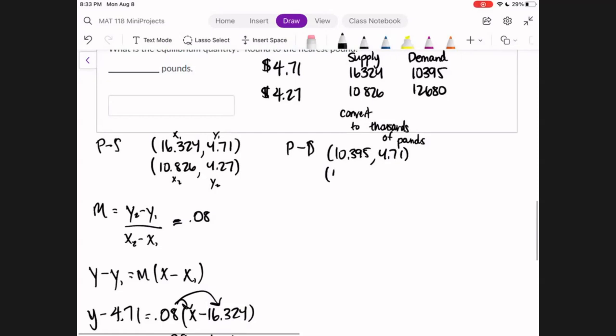And then 12.680. And that's at $4.27. And another thing, if you don't convert X's, those demand and supply quantities, to something smaller, right? If you use actually 10,000 and 12,000, the slope would be super, super small, and sometimes it's hard to get the right result that way.